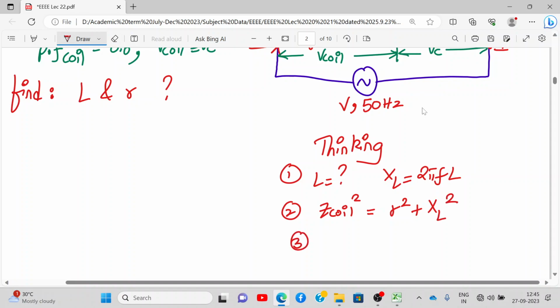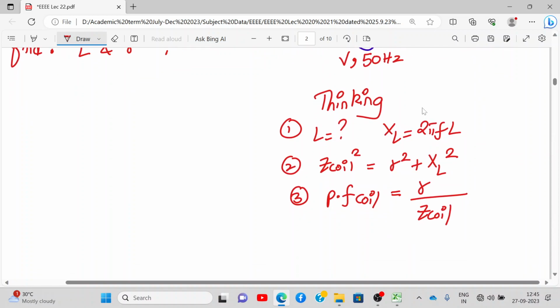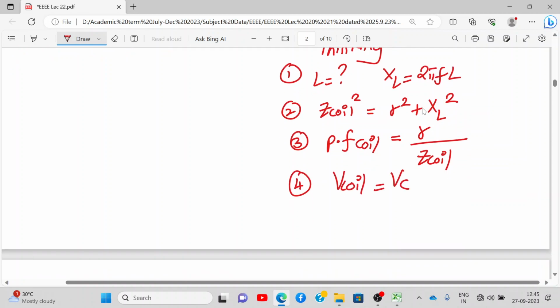Okay. Next, what is the power factor of the coil? You remember the formula, R by Z. So here it will be R by Z coil. Understood? So your power factor is given to you, right? If you know Z coil and the power factor, you can calculate R. Yes. Next is V coil is the same as VC. What is V coil given by?